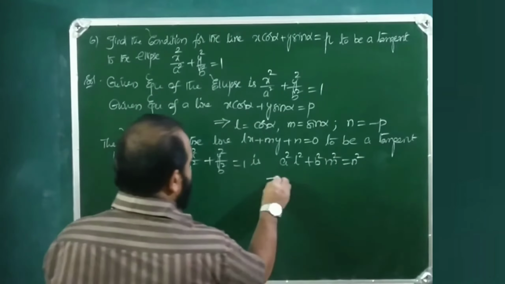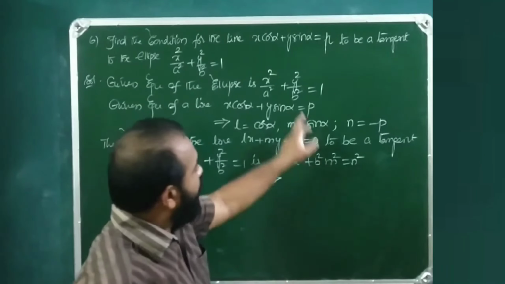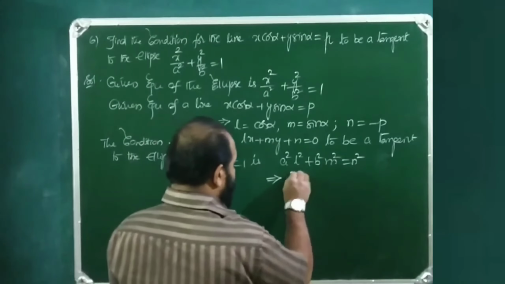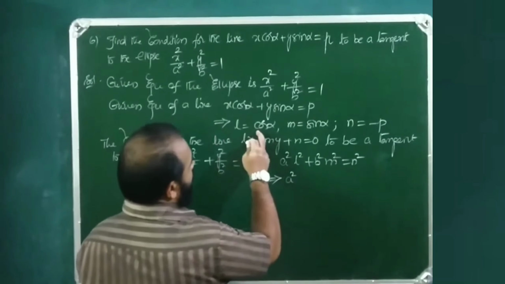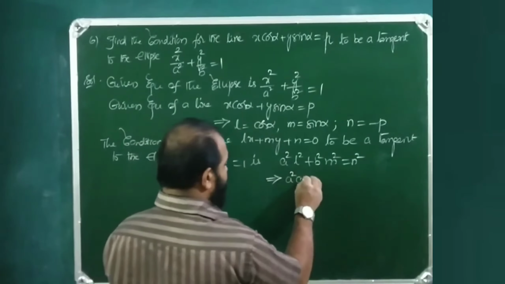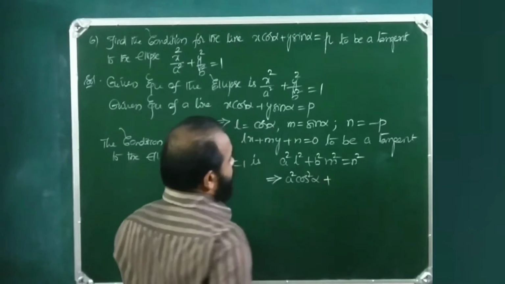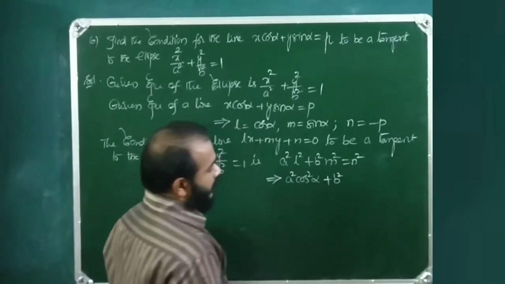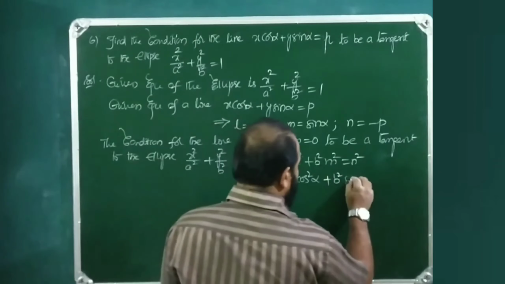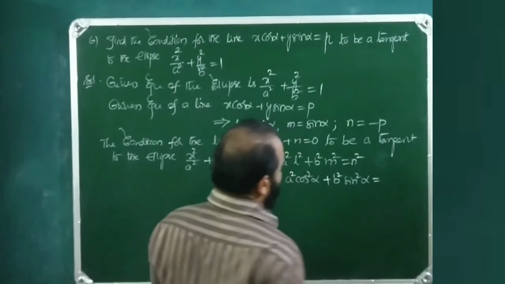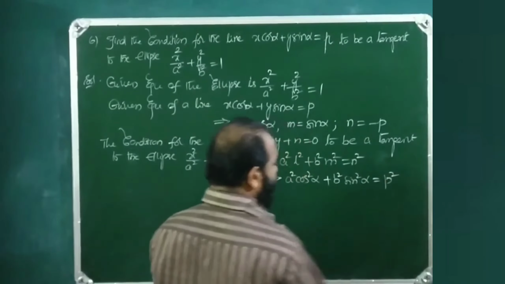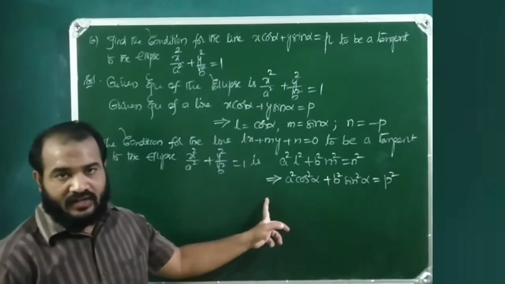So a square and b square are same because this is the standard form of the ellipse. So a square L is cos alpha whole square, cos square alpha, plus b square is b square itself, and m square is sin square alpha is equals to n value, minus p whole square, is p square. Therefore this is the required condition.